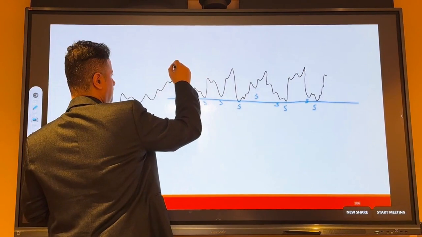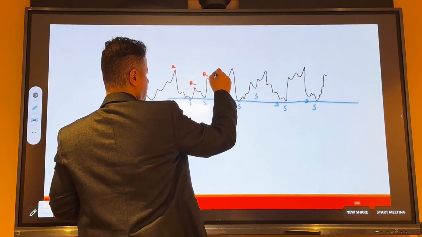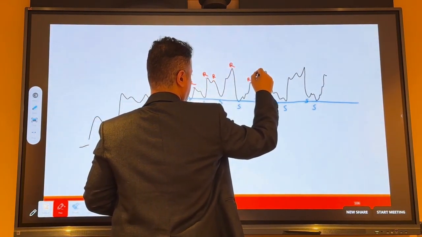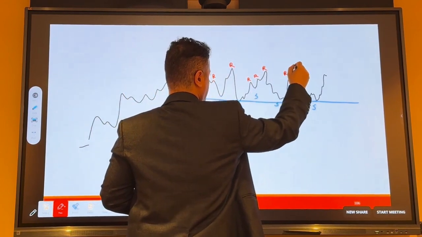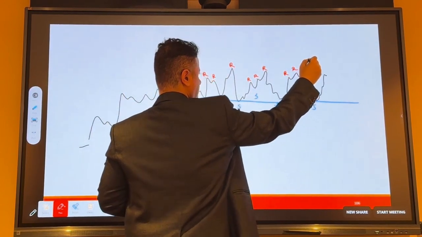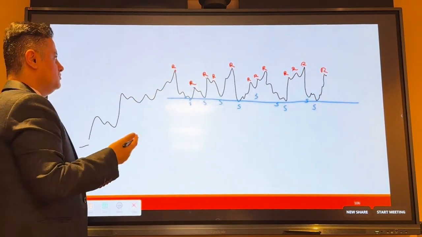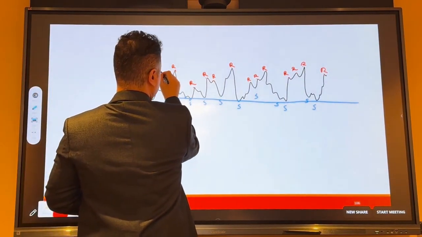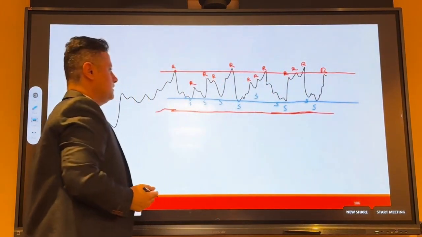That is this area, the resistances that exist. Let's also draw the line resulting from connecting the resistances. All right?